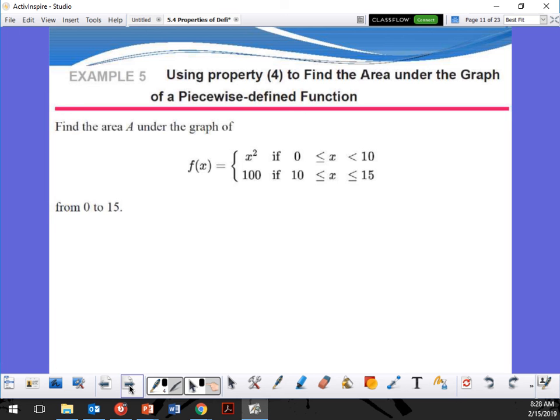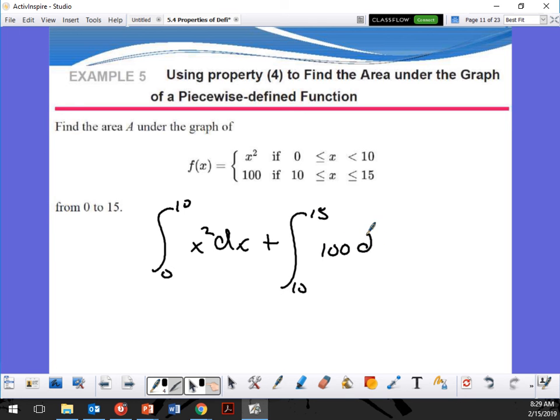So I'm going to take the integration from 0 to 10 of x squared dx, plus the integration from 10 to 15 of 100 dx, because right here there is no variable, is there? No, it is that.